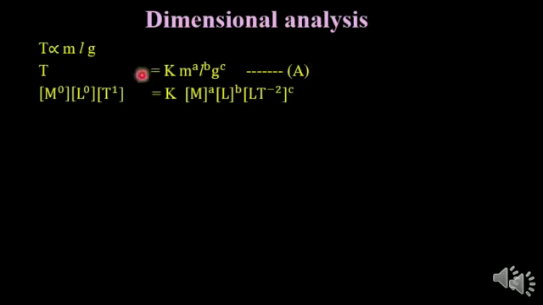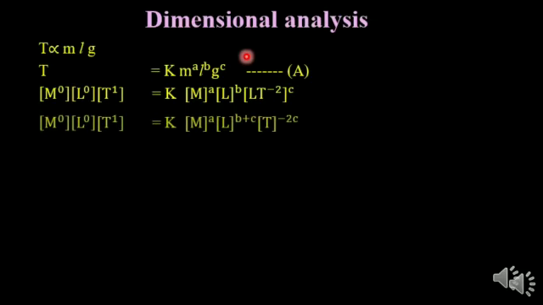Replace these quantities by the corresponding dimensions. Then the equation is M to the power of 0, L to the power of 0, T to the power of 1 equals k M to the power of a, L to the power of b, L T to the power of minus 2 all to the power of c.